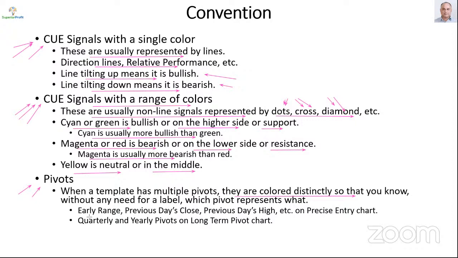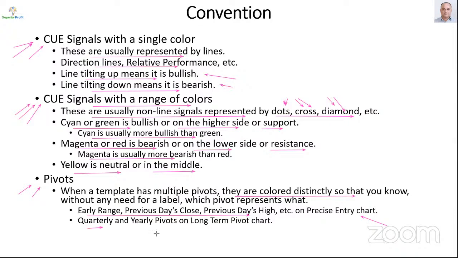For example, in the intraday fine-tune chart, early range high, low, previous day's close, previous day's high, they are all part of the fine-tune or precise entry chart. They are colored differently so that we know which pivot, intraday pivot in this case, is which one.